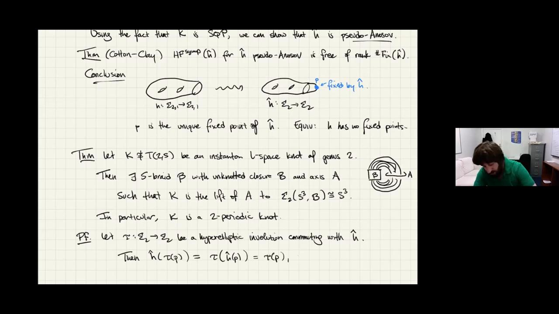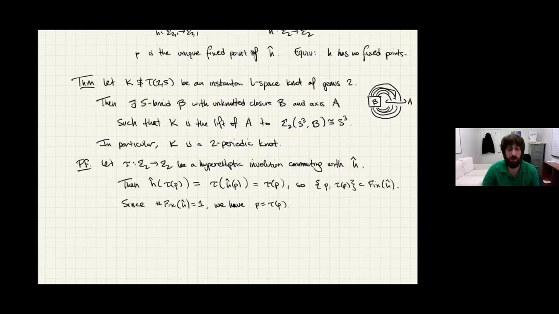So actually, we know that tau of P is fixed by H. So that says that both P and its image under the involution belong to the fixed set of H hat. But there's only one fixed point. Okay, that says that P has to be fixed by this involution.